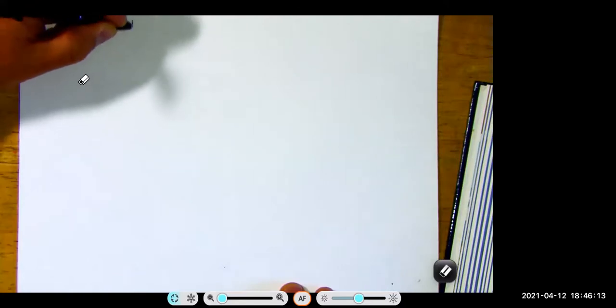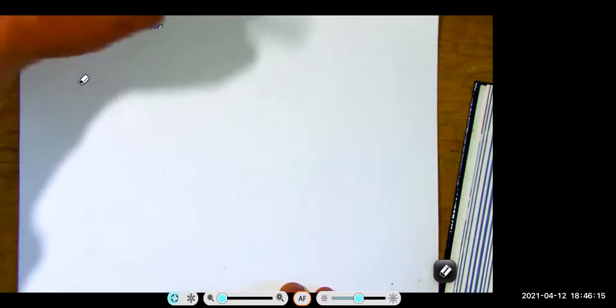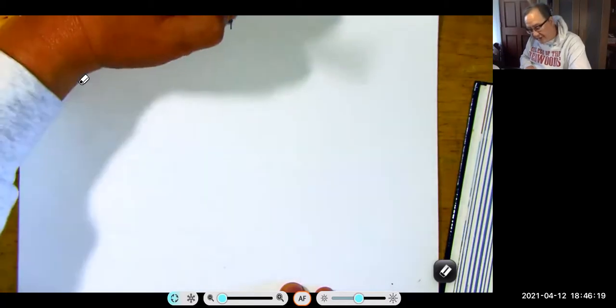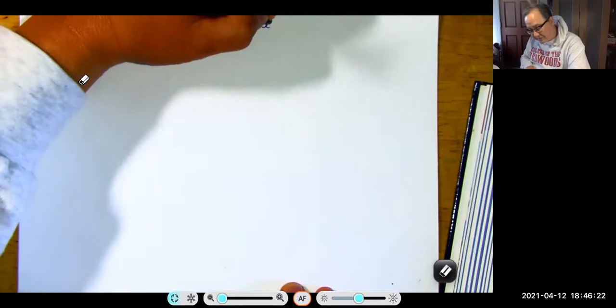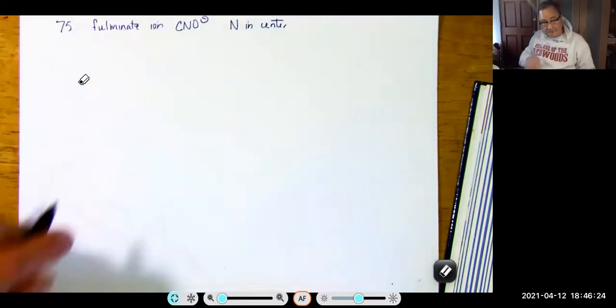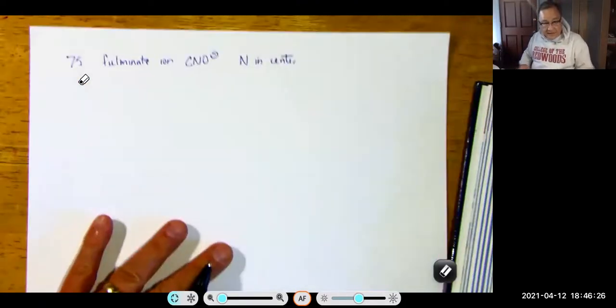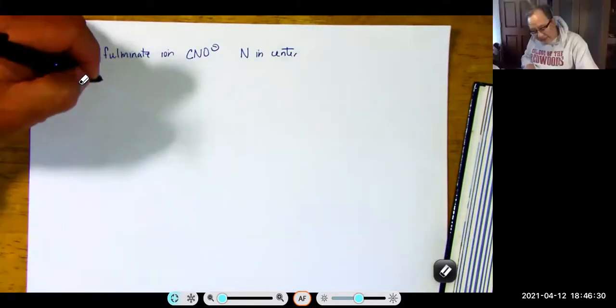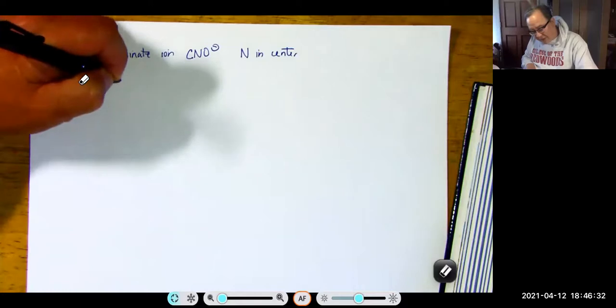Fulminate ion is CNO negative, and nitrogen is in the center. Can you see that? Okay, so part A is 3 resonance structures.